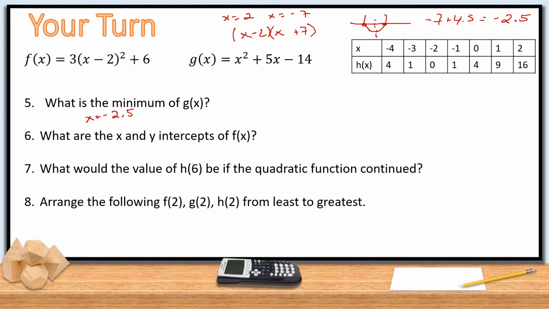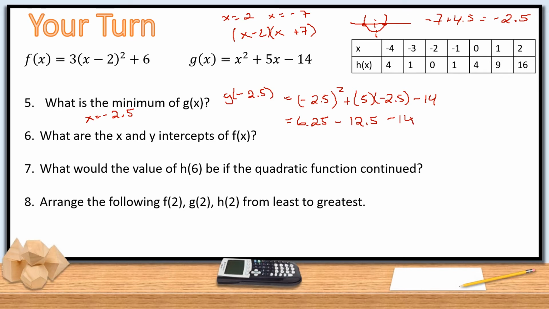And we just need to figure out our y coordinate now. So g of minus 2.5 is going to be minus 2.5 squared plus 5 times minus 2.5 minus 14. Minus 2.5 squared is 6.25, and it's positive because you're squaring a negative number. 2.5 times 5 gives us minus 12.5, and then minus 14.